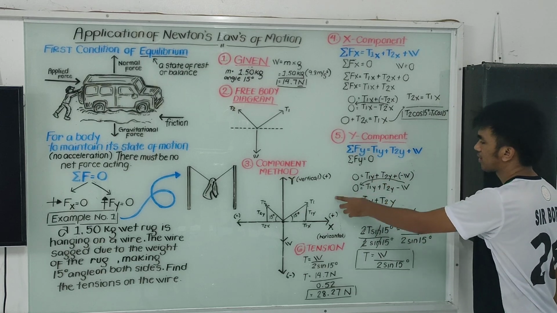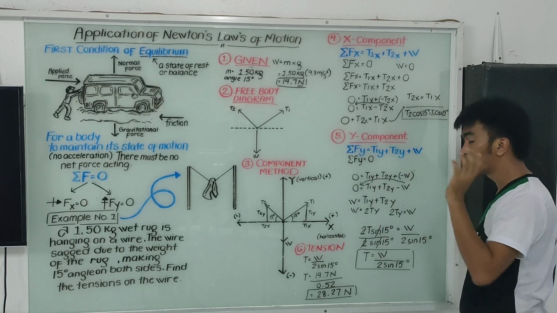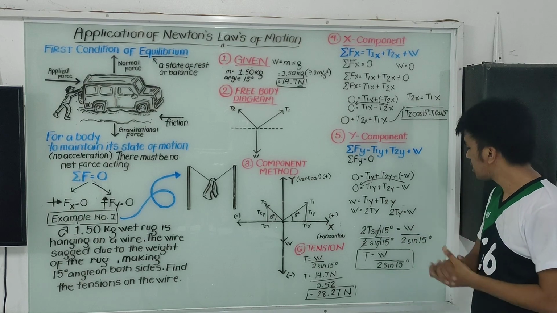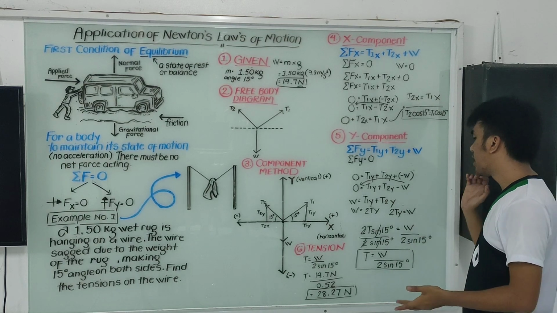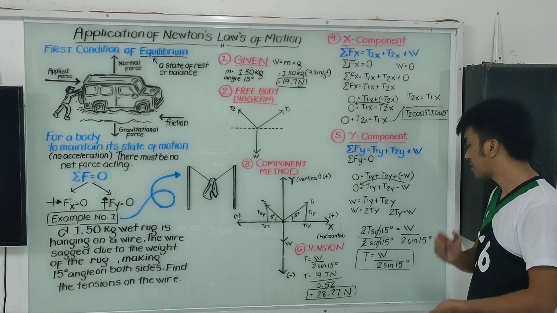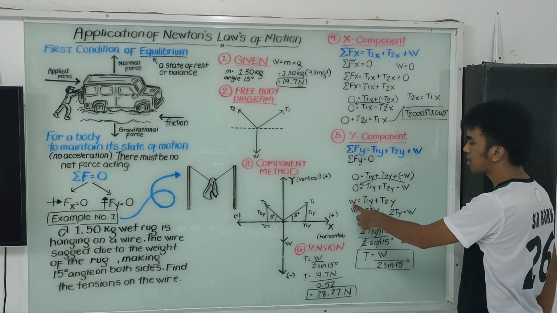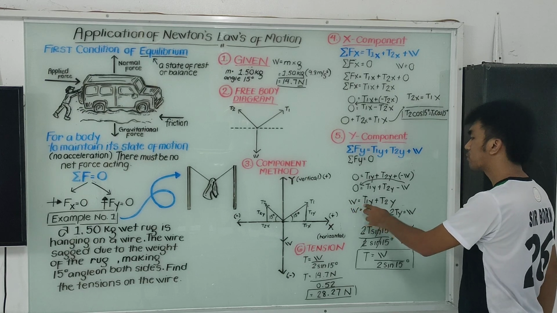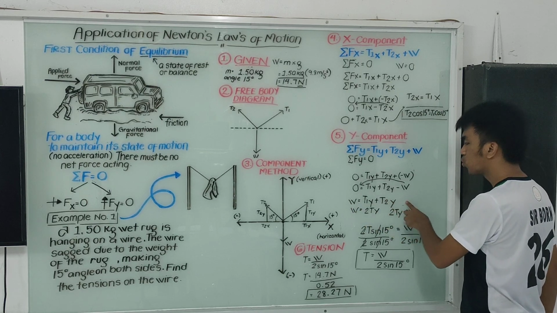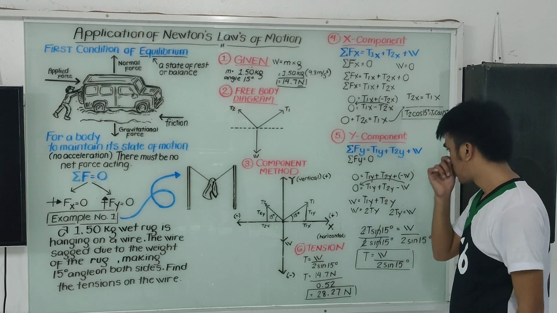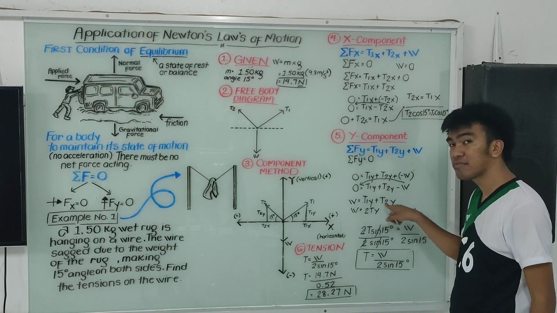Because we have to get the tension, this will be transposed here. So W will now become, W is equal to T1y plus T2y. Like terms can be added.